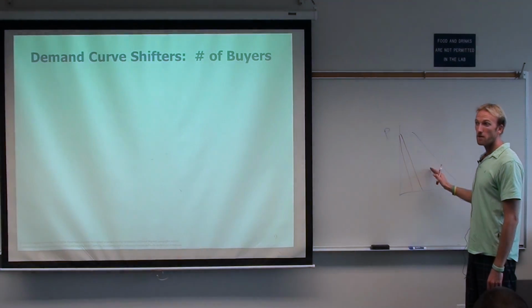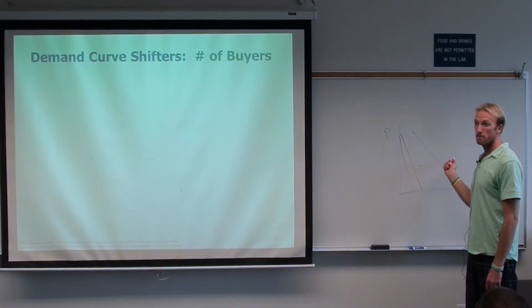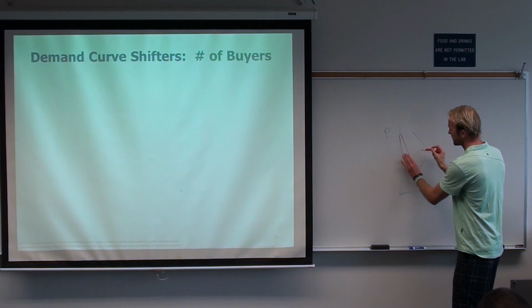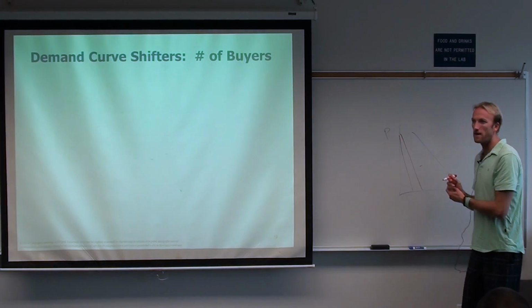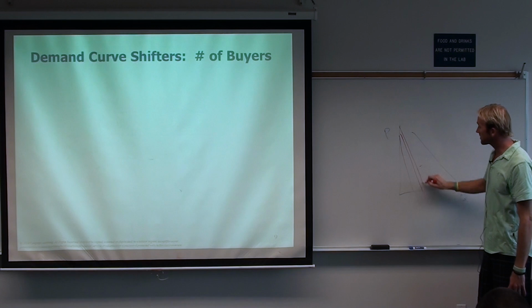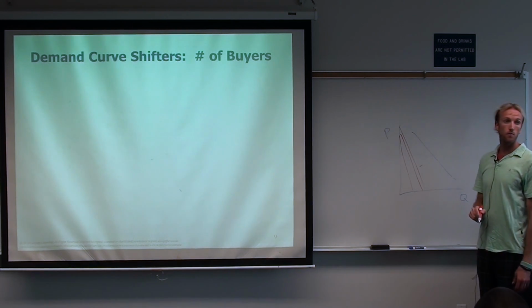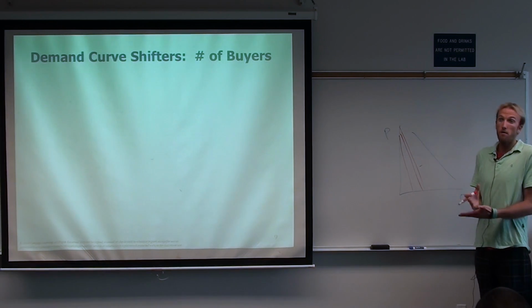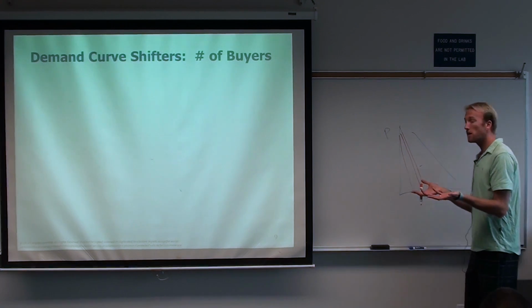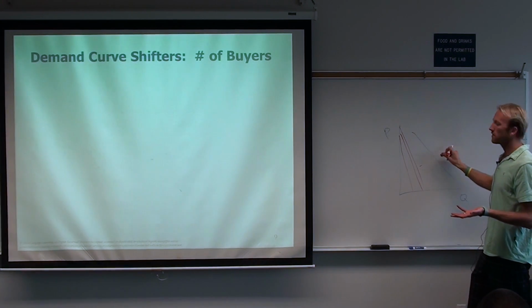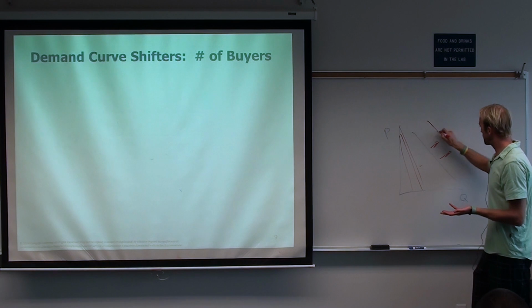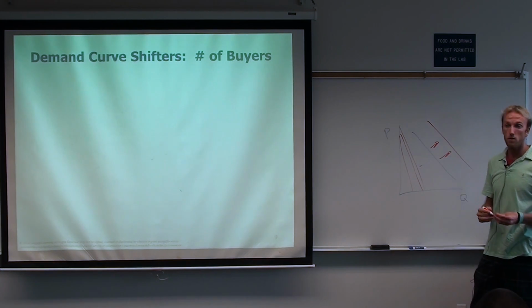And how did we find the market demand curve? We added them up horizontally, right? We did this one, and then we took this one, we put it on top, and then we got to this. What happens if we add somebody else who wants lattes also? The number of buyers in my marketplace is increasing. What does that do to the demand curve? Shifts it to the right, also known as an increase.